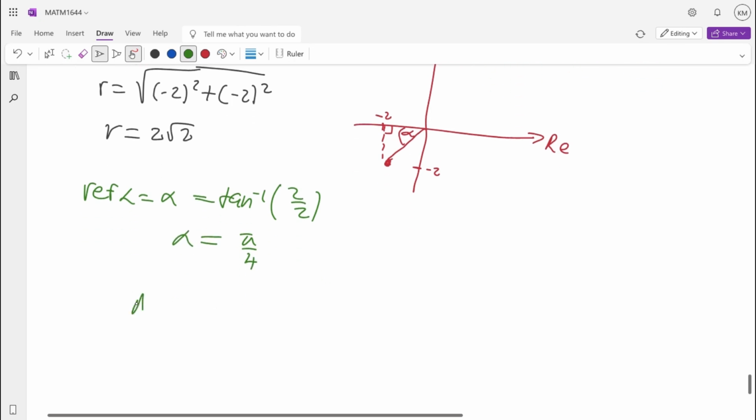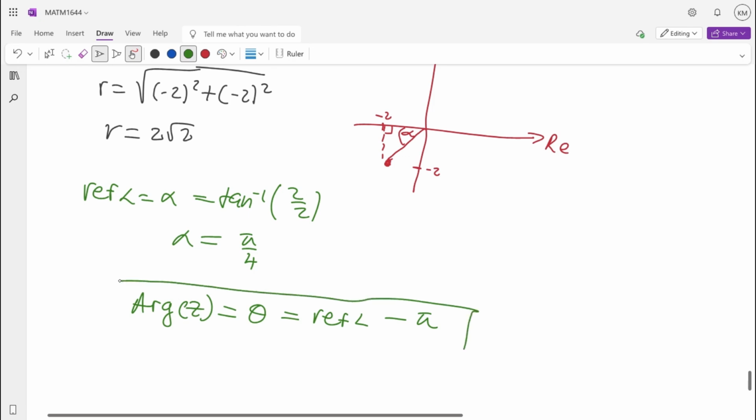Then what is going to be our principal argument of z? We know the principal argument of z is theta. So theta will be nothing but the reference angle minus pi. This is how you find your principal argument of z in the third quadrant.